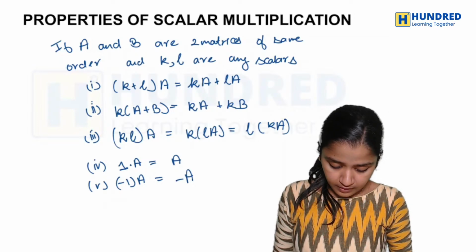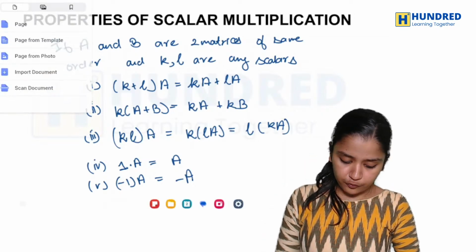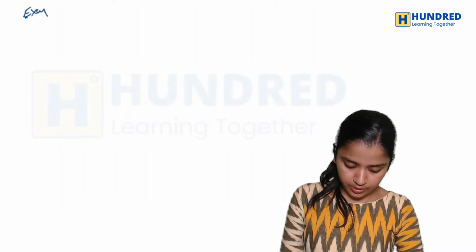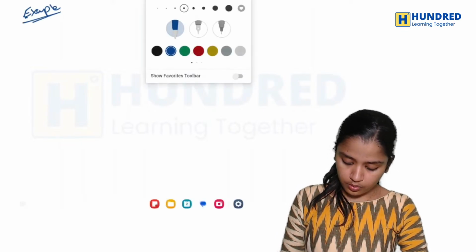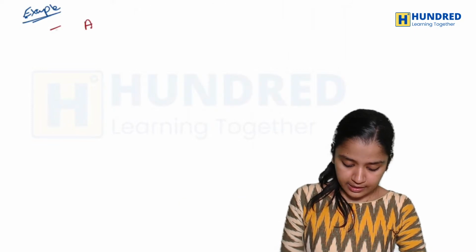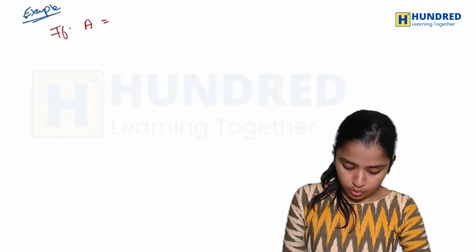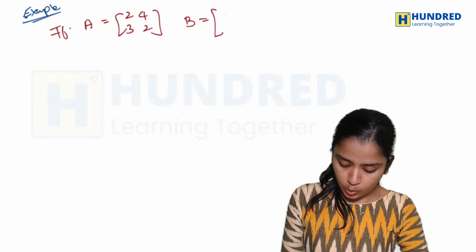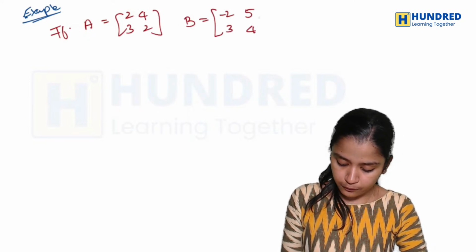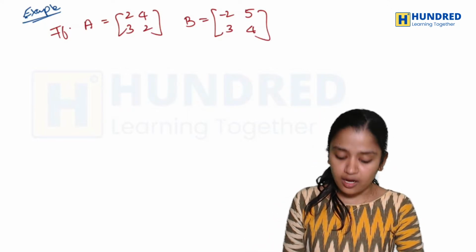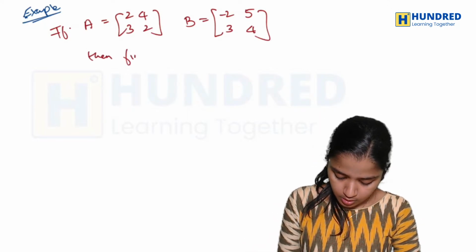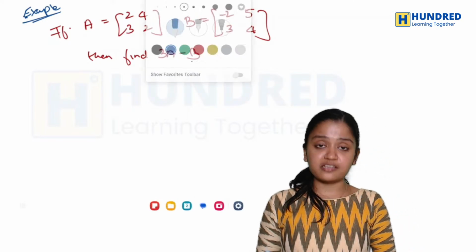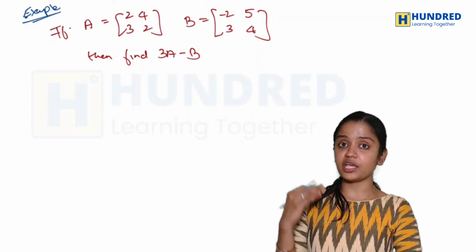Now let's quickly take a sum. My example is: if A is the matrix 2, 4, 3, 2 and B is the matrix minus 2, 5, 3, 4, then find 3A minus B. Here you have scalar multiplication and subtraction.